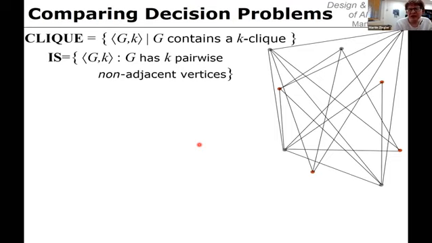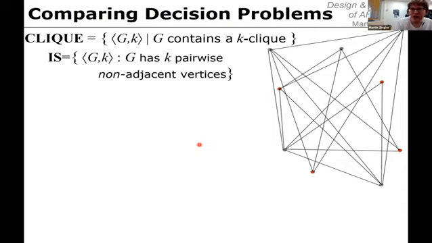We can still modify such a hypothetical algorithm. And the converse also holds. If we have a polynomial time algorithm for the independent set problem, then we can use the same meta-programming approach to convert that into a polynomial time algorithm for the clique problem.